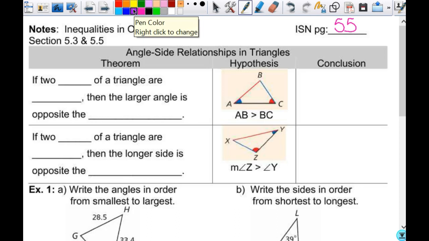So we're going to look at the relationship between the sides and the angles in a triangle, because even if all we're given are the sides of a triangle, it does tell us some things about the angles and vice versa.